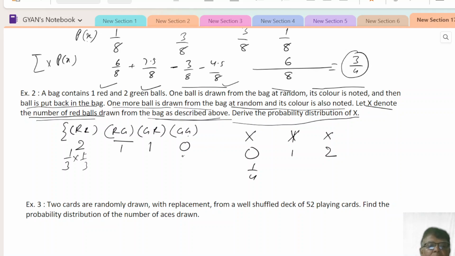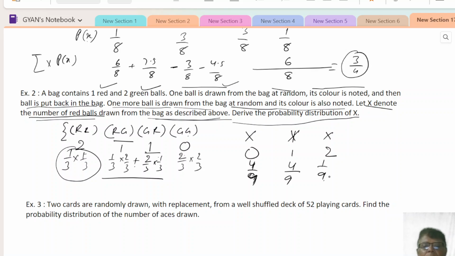This probability is 2 by 3 and 2 by 3, that means 4 by 9. This probability is 2 by 3 into 1 by 3, and this is 1 by 3 into 2 by 3. So you add it, 2 plus 2 is 4 by 9. So this is also 4 by 9, and this is 1 by 9. So total probability is 9 by 9.